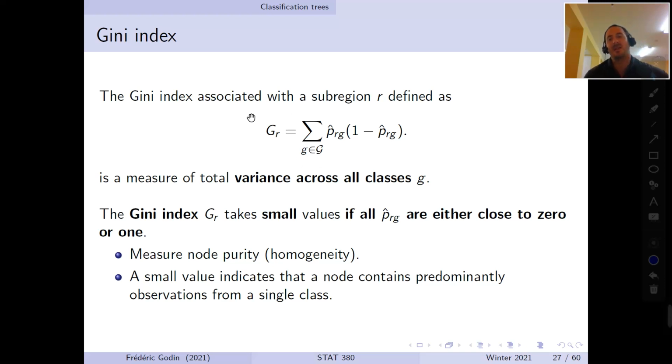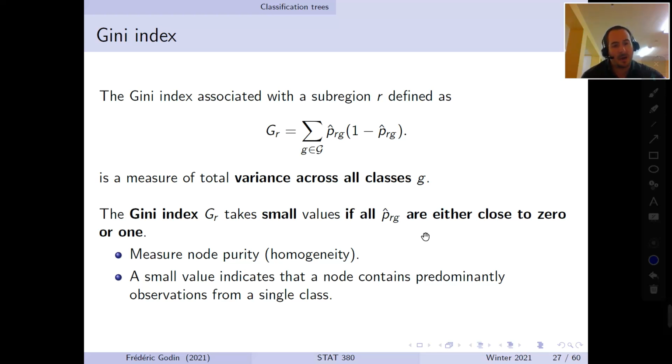So we can understand this Gini index as some form of total variance across all classes, or some form of variability of the class among the subregion. It can be shown that the Gini index will take very small values if all the p hats are either very close to 1 or 0.